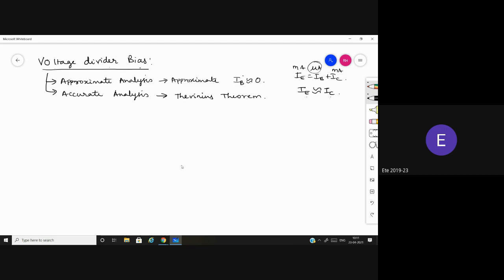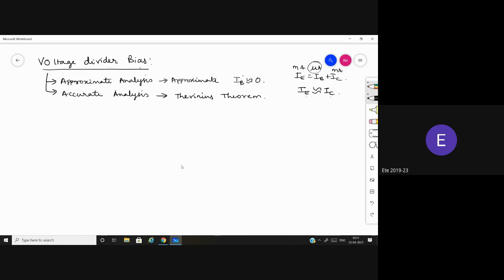There is a small equation which relates the IB and IC values, and if that is satisfied, then we are able to apply the approximate analysis method. Otherwise, we need to apply the accurate analysis method only.